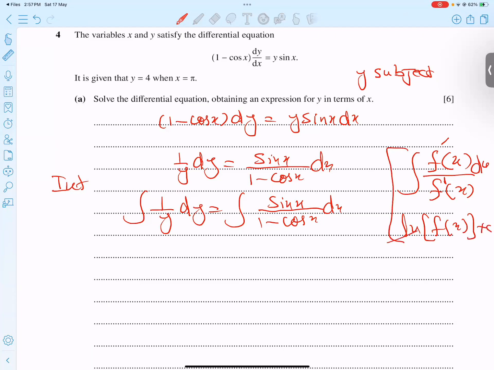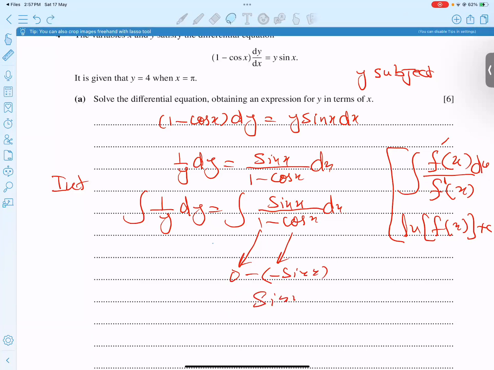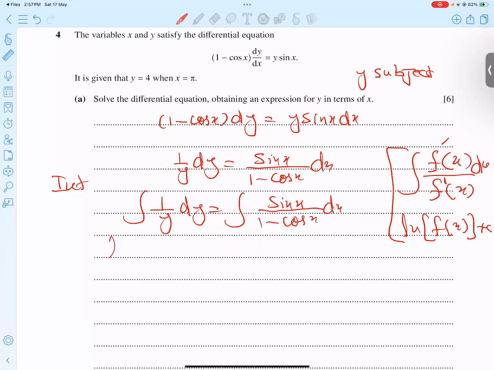So check it. If the function is in the denominator, is its derivative available? The derivative of 1 is 0, and cos has a negative sign, and negative plus gives a plus sign, so it is available on top. So function down, derivative up, and power of function is 1. So we can write log of y equals log of 1 minus cos x plus c.